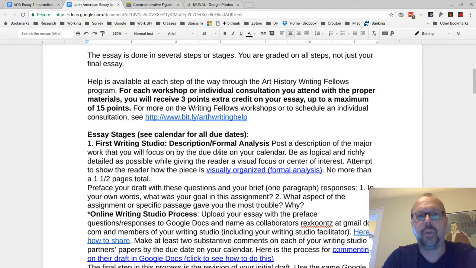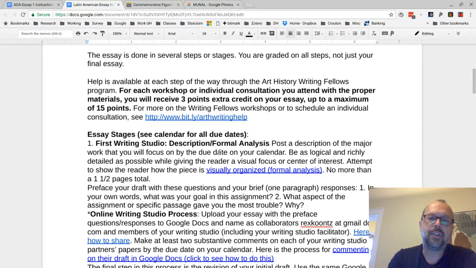That's not workable yet, anyway, in terms of the Latin American material here in the city. That's going to change with the construction of the new Museum of Fine Arts building, but we're not there yet, so we're not going to worry about that. But the idea is that you do this logically and effectively, so that a person who's reading this, who's never seen the object, can get a mental image of that object or the important parts of that object.